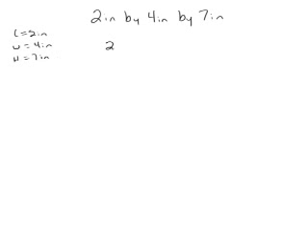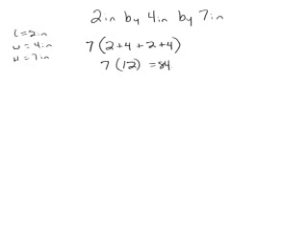So I need to take the length plus the width plus the length plus the width, and then multiply it times height. And 2 plus 4 plus 2 plus 4 is 12, times the height would give me 84.